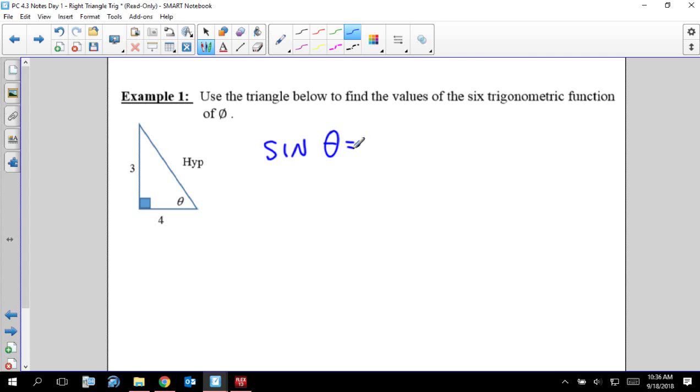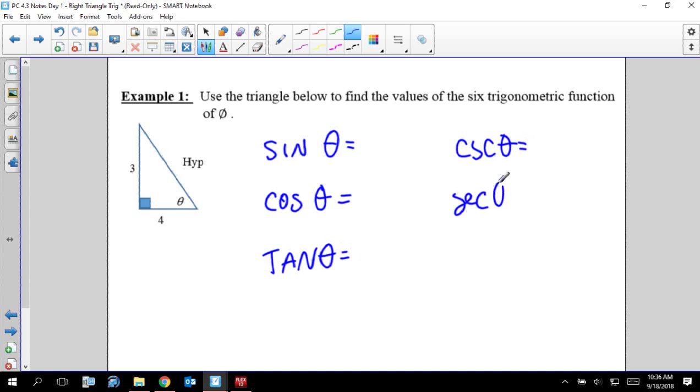You have to put it with an angle. So cosine theta, tangent theta. And then immediately I'm also writing cosecant theta, secant theta, and cotangent theta. So they're already set up and ready to go, and I'm going to find the answers.